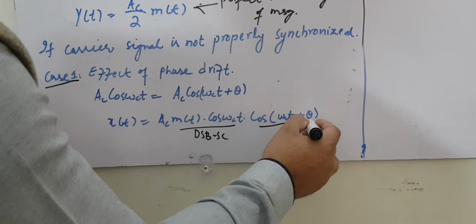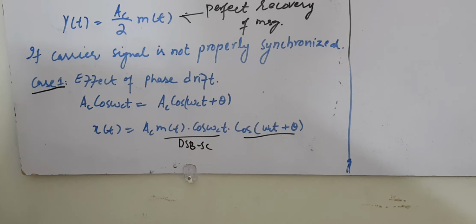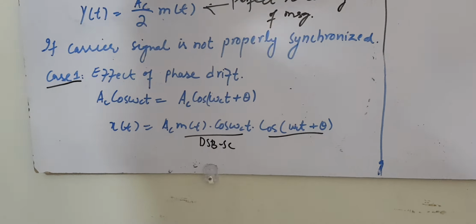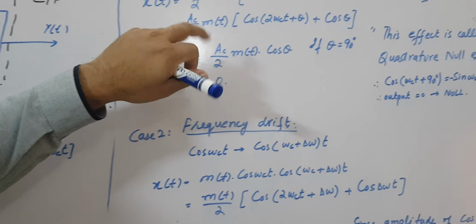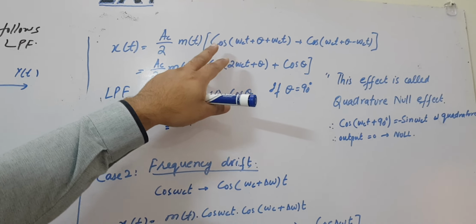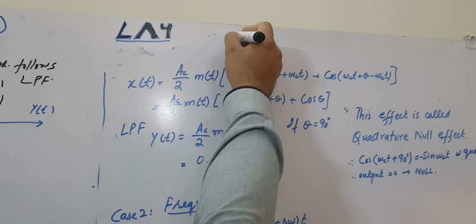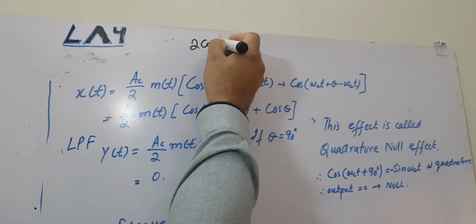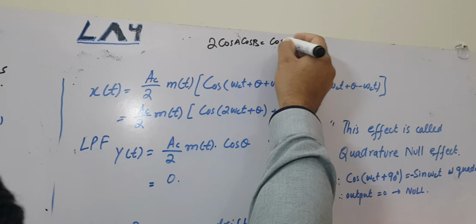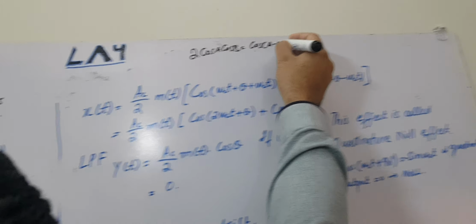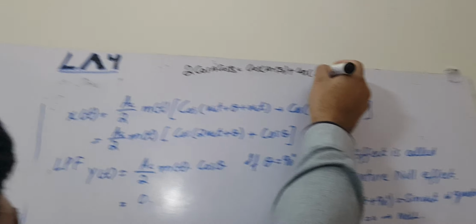This can be written using the trigonometric formula 2 cos A cos B equals cos(A plus B) plus cos(A minus B).